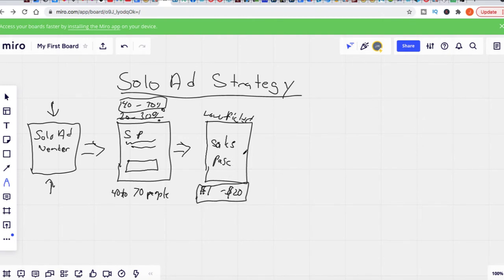Now, the key to this actually working is you really want this offer to actually give a lot of value, right?